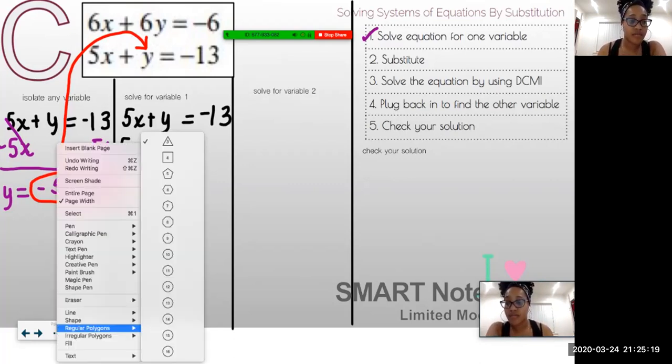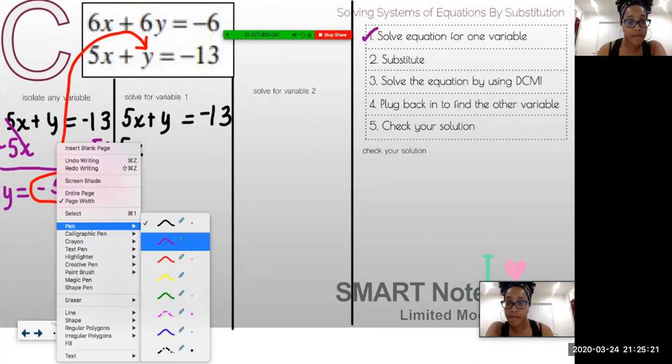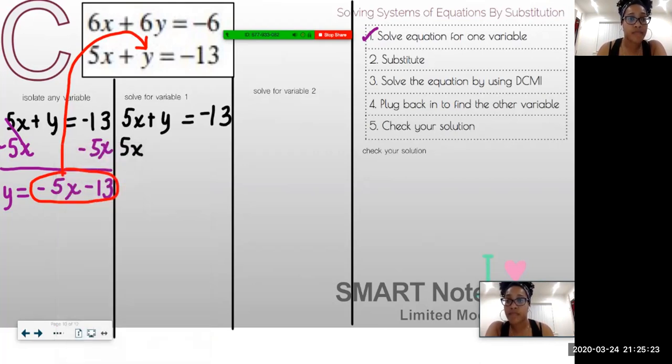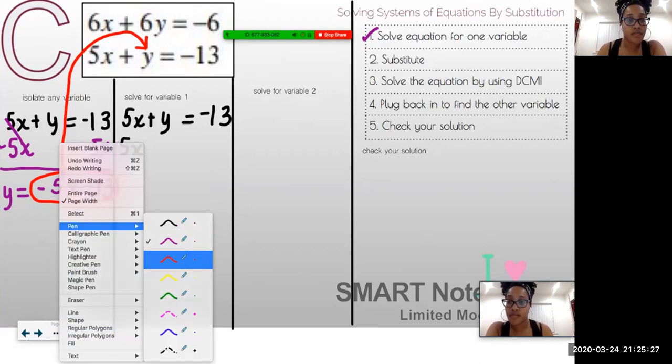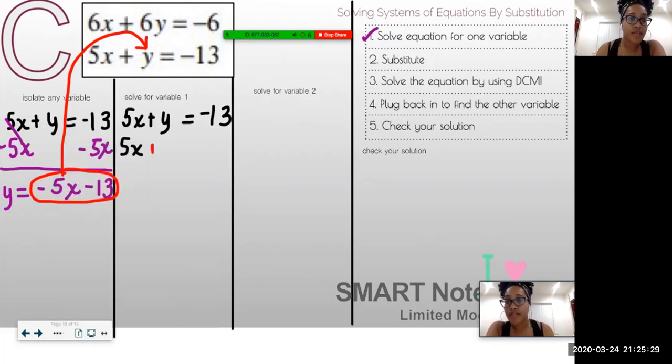So actually, let me use writing. 5x plus, again, when we substitute, we use parentheses, make it easy for ourselves so we don't make any mistakes. 5x plus negative 5x minus 13.